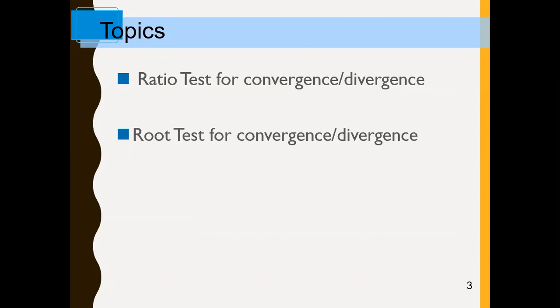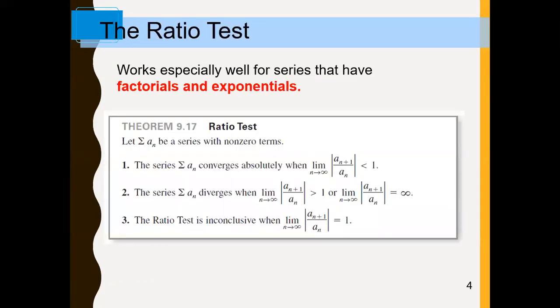But sometimes the ratio test is actually a little bit more convenient to use anyways. Okay? All right. So one thing I want to point out is that the ratio test is particularly useful in the case where you have factorials and exponentials. Okay? Factorials and exponentials.